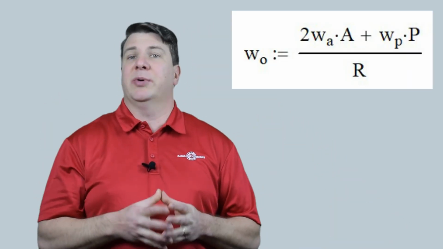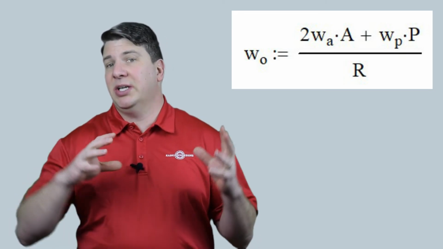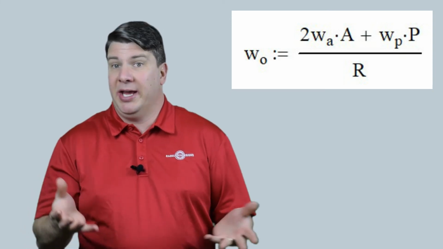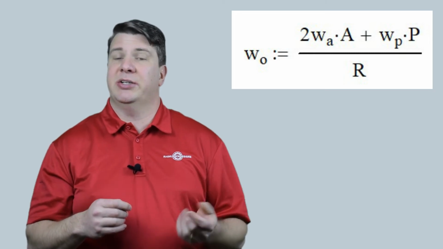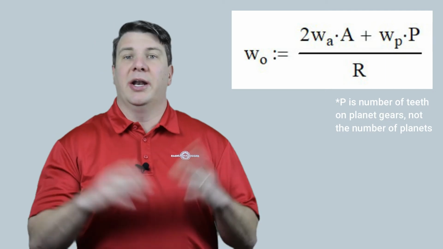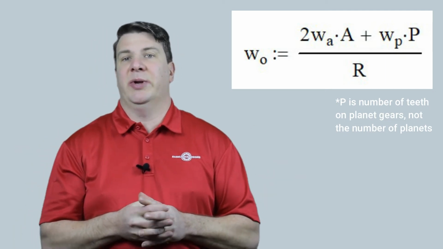So our output speed is going to be equal to 2 times the speed of our carriage times its pitch diameter, A, plus the speed of rotation of the planetary gears times the number of gears in the planetary. And all this is divided by the number of teeth in the ring gear.